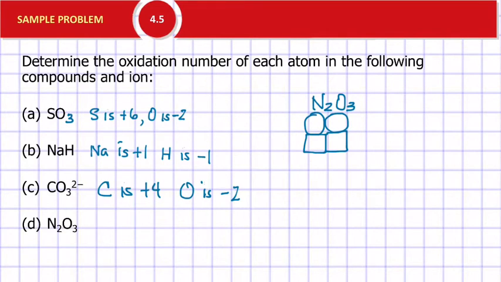Oxygen comes before group 5. So the oxygen gets to be -2. Oxygen gets what it wants a lot. And again, we have 3 oxygens. 3 times -2 is -6. The boxes have to add up to what? 0. The overall charge on the molecule, which is 0. So the other box must be +6.